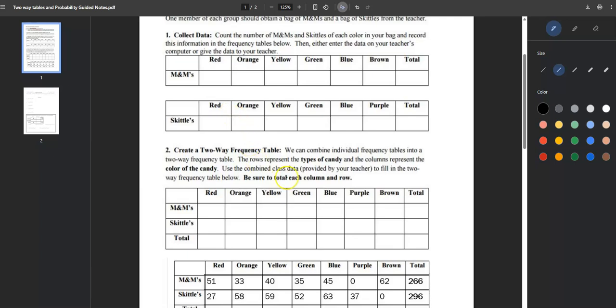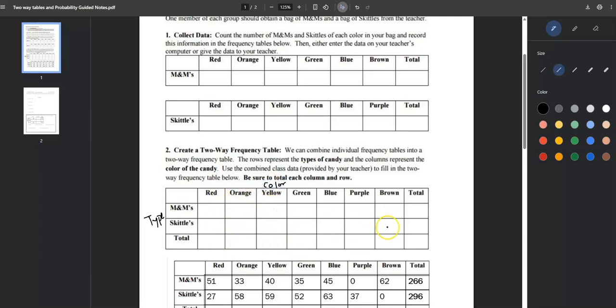But now, if you notice, I have 7 columns because there are no purple M&Ms in just a regular package, and there are no brown Skittles. So I have to have those separate columns. My one event is the type of candy, and then this would be all the colors. So I'm interested in those two things.